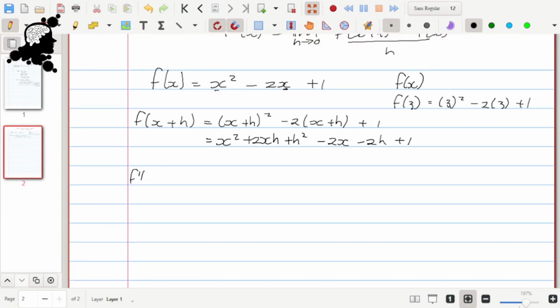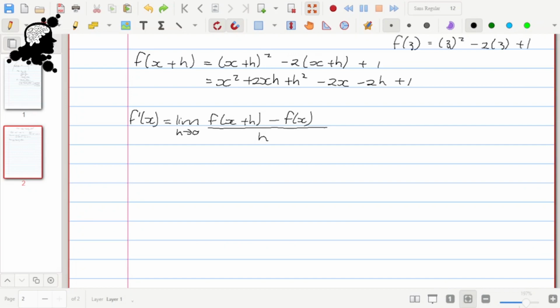So let's first start by writing the equation down. f prime of x is equal to the limit as h approaches 0 of f of x plus h minus f of x, divided by h.